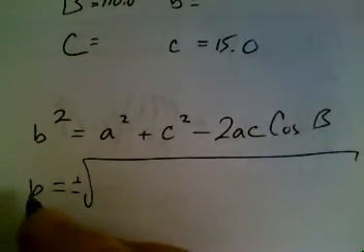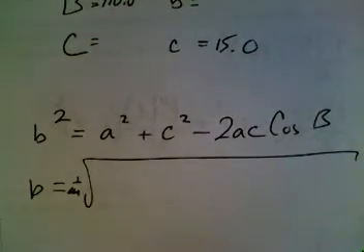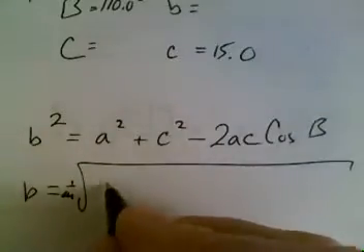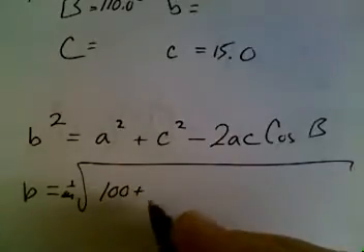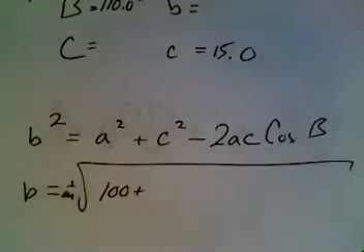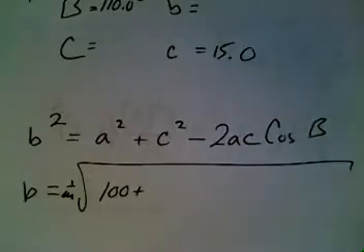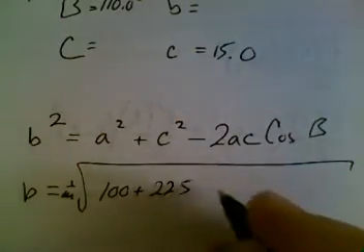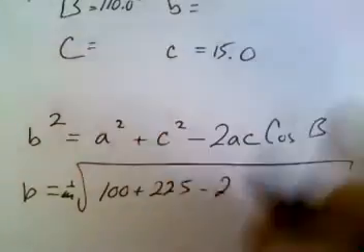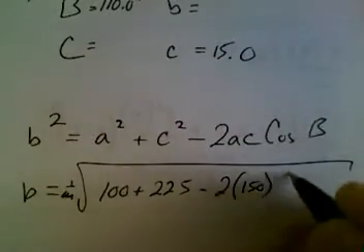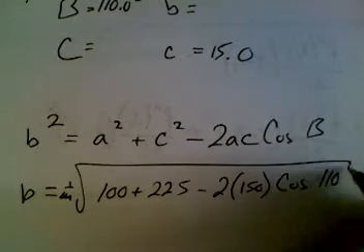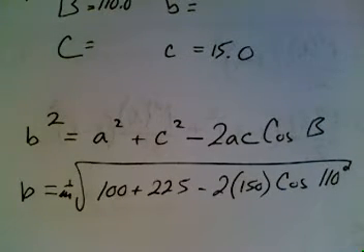But notice, it's a side length, so it's only plus. a squared is going to be 100 plus 15 squared, 15 squared is 225. Minus 2 times those two multiplied together, which is 150, times the cosine of 110 degrees.